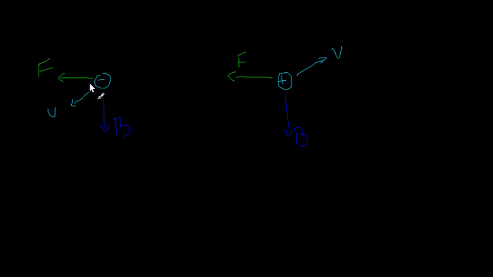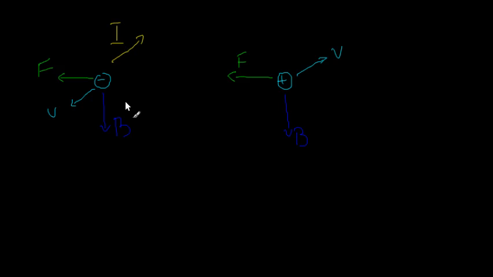So we have seen that if we have a negative charge moving in this direction, then the force is in this direction. And it was obvious from the rod that Fleming's left-hand law is not going to work because the current actually flows in this direction.